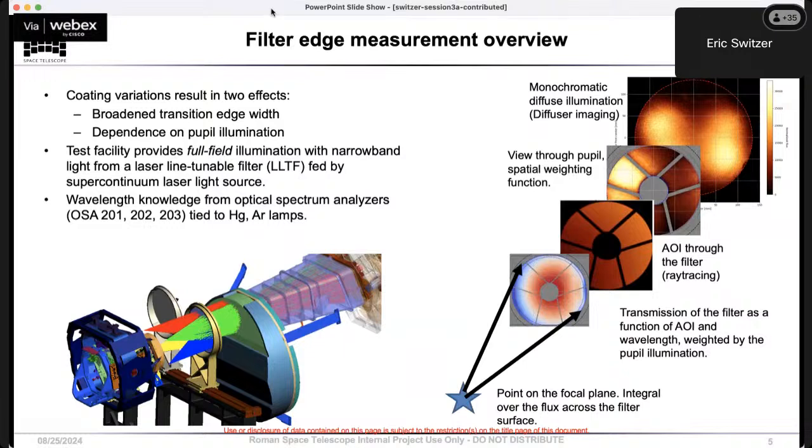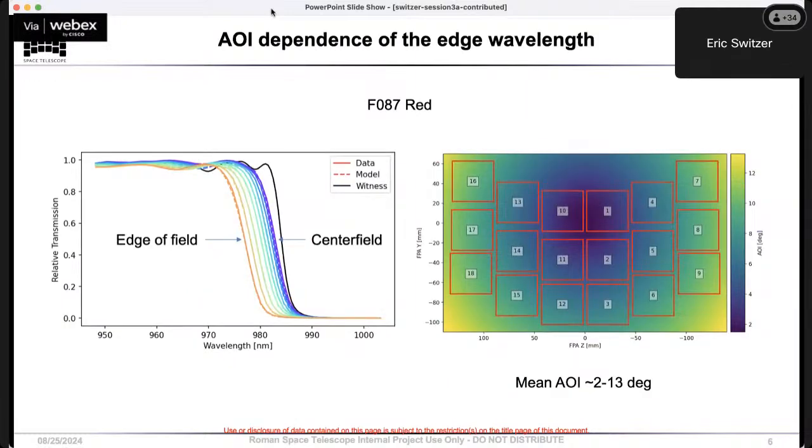At each point in the field, there's also a range of angles of incidence across the filter. And then finally, there's the variation of the coating itself across the optic. So at each point in the focal plane, the flat field is the integral of all these contributions. I'll unpack each of these and talk about how they're determined.